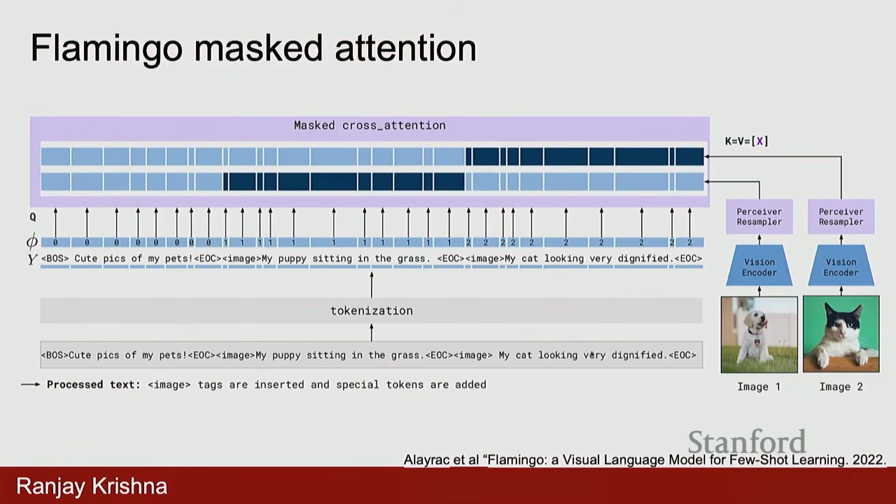Similarly, when generating the description for the cat, you're only looking at the cat image and not the other image. So they created this handcrafted masking scheme to make sure your descriptions are always following and looking at only that particular image. But when trained, the model does get to see the entire context of everything that it's generating.